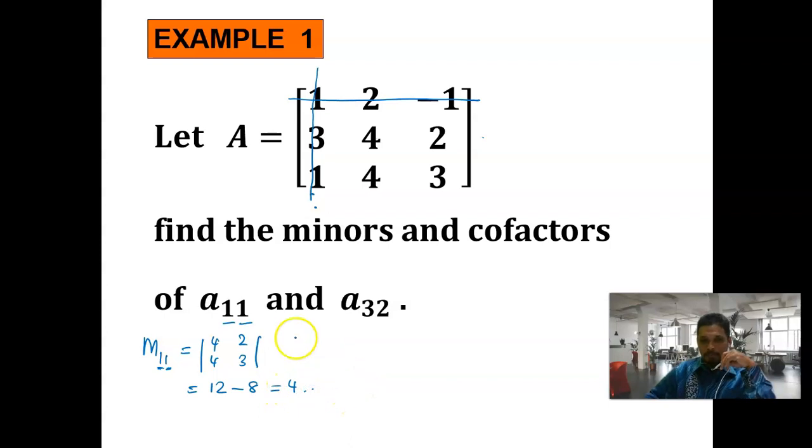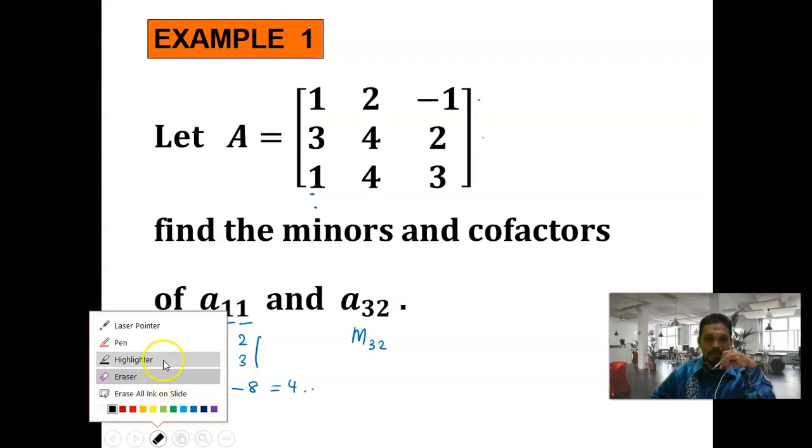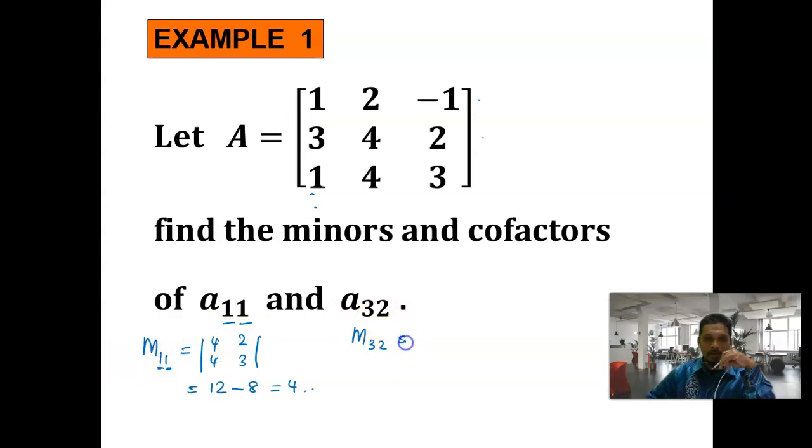And minor of 3, 2. This represents row number 3, so we delete the element in row 3 and column 2.